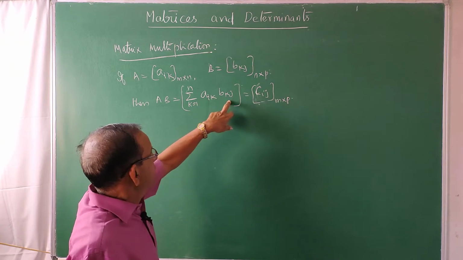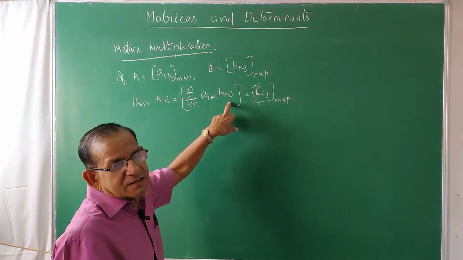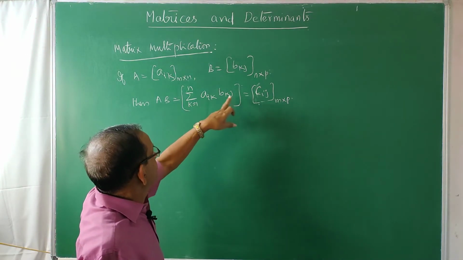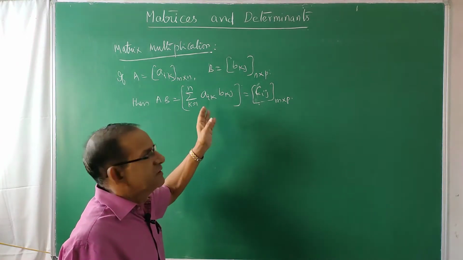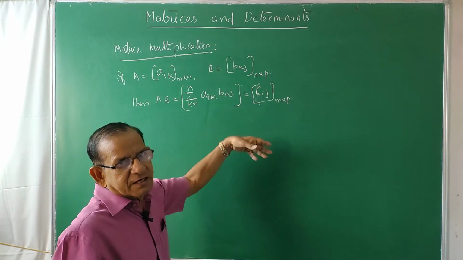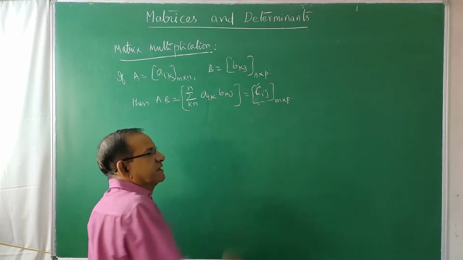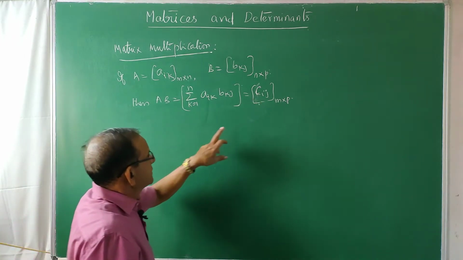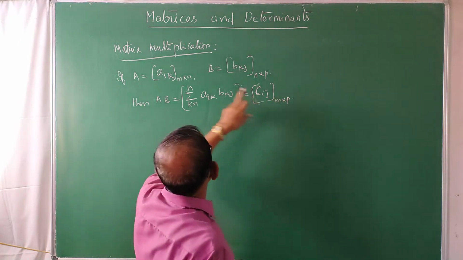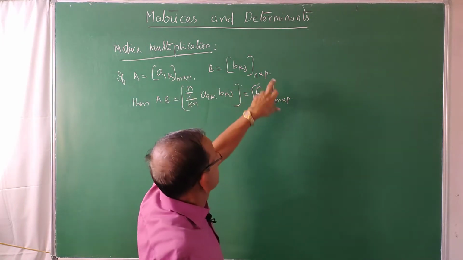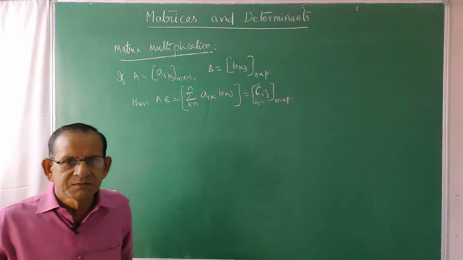Each element will be a sum of products: the sum of the products of the first row elements with the first column elements. The second element is the first row with the second column, then the first row with the third column, like that. You have to write it as a new matrix, Cij. The order of that product matrix is of the form m by p. First number and last number you will get: m rows and p columns.